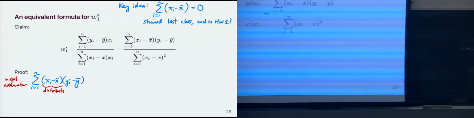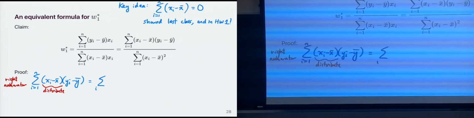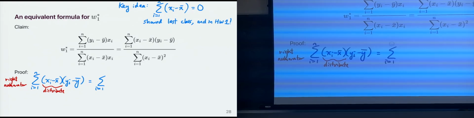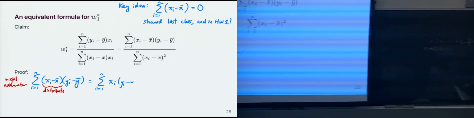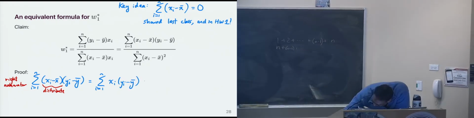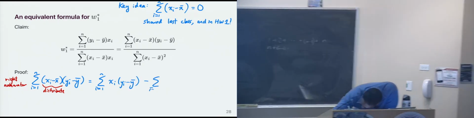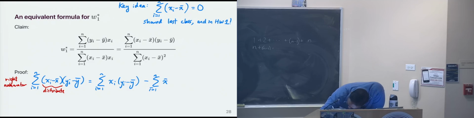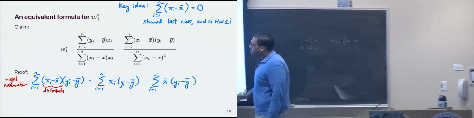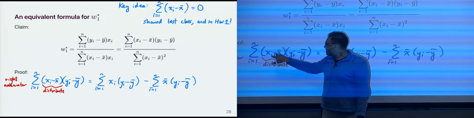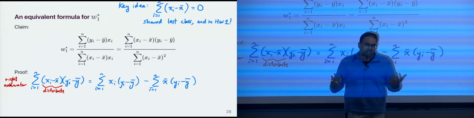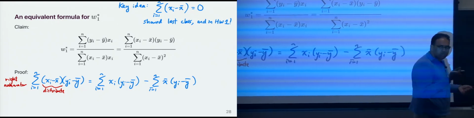So I'm going to write this like two different sums, one of which is xi times yi minus y bar, and the other is x bar times yi minus y bar. All I did here was do first number times this minus second number times this, and I separated the two sums. Sound okay?